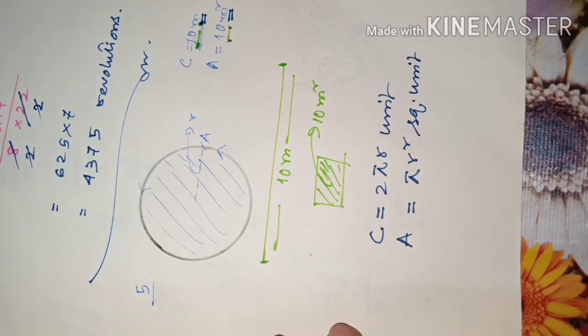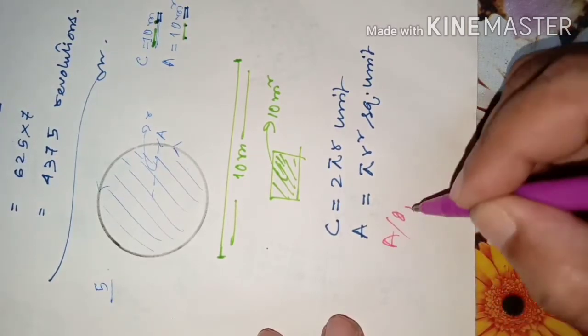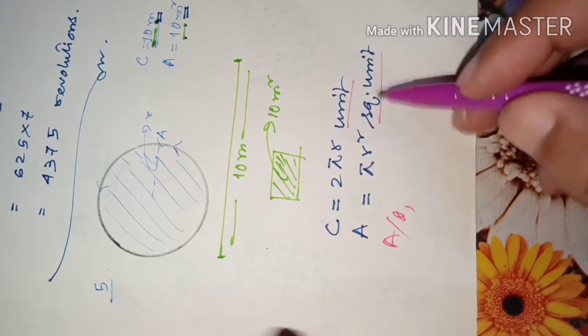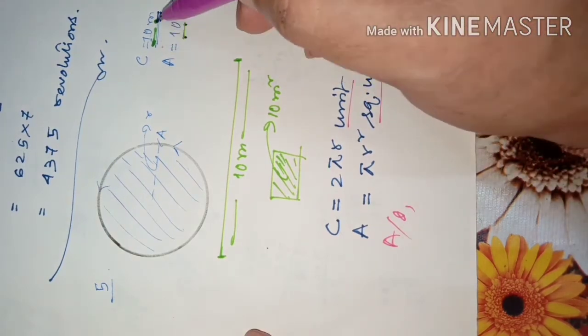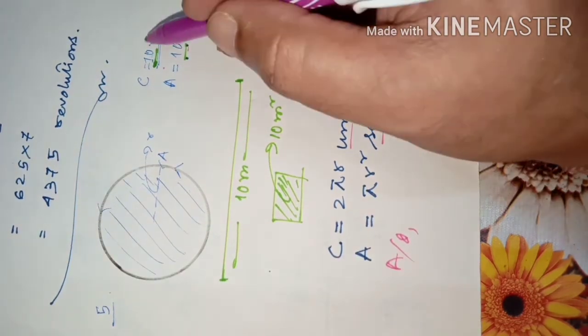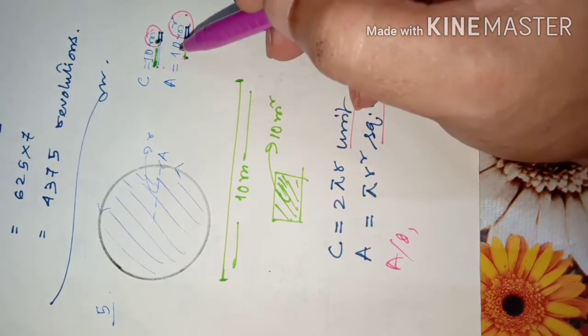But according to the question, numerically both are same. Numerically same means without the unit they are same, like 10 meter and 10 meter square. If we avoid these two units, then they are the same, 10.